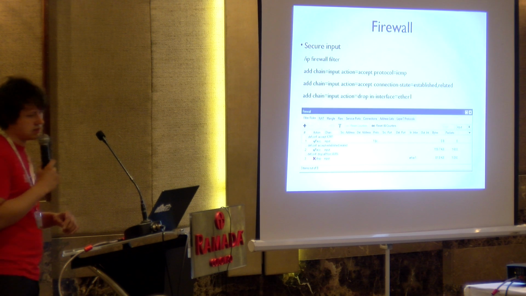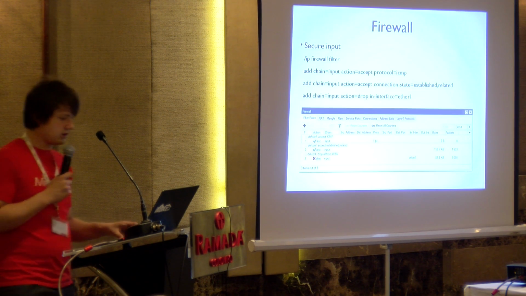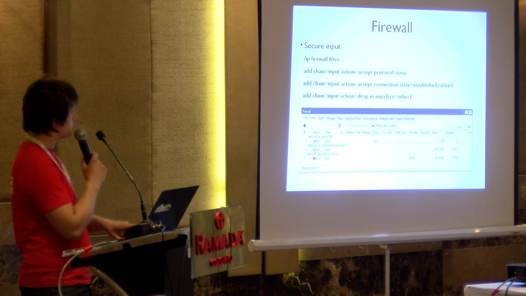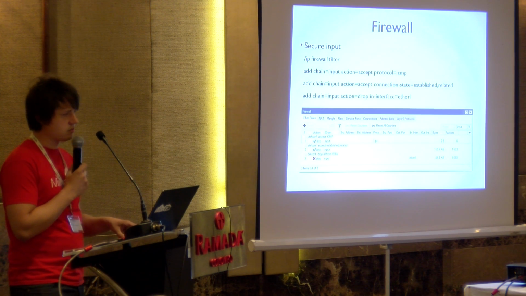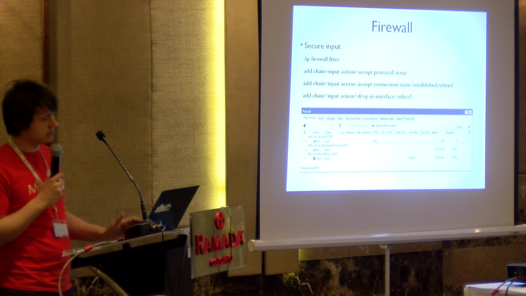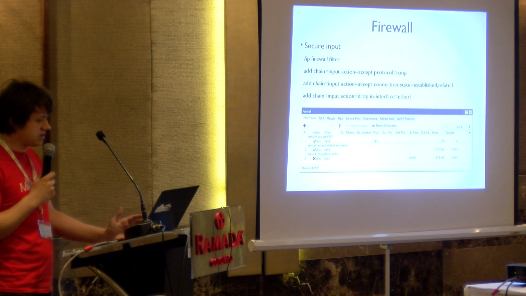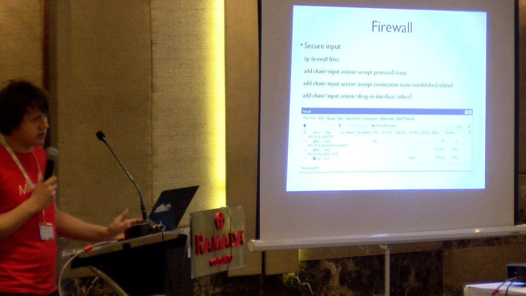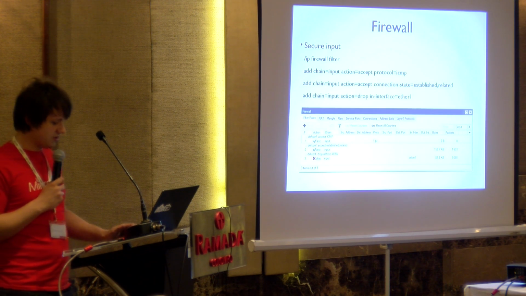In this case, it's ether1. And there's also an additional rule which is accepting ping, but this is optional, because ping is not considered a security threat, and you can just accept it.